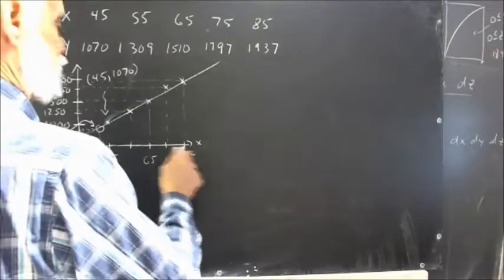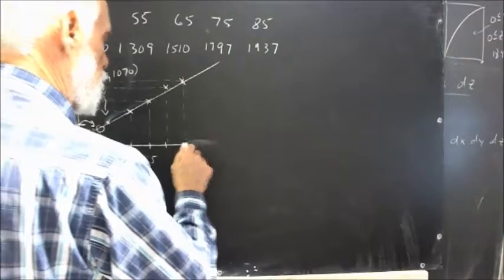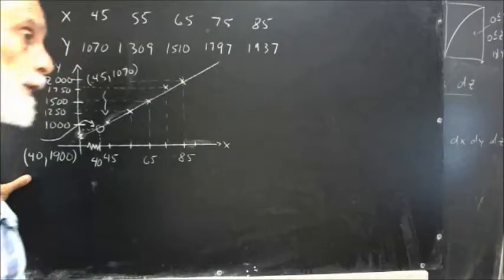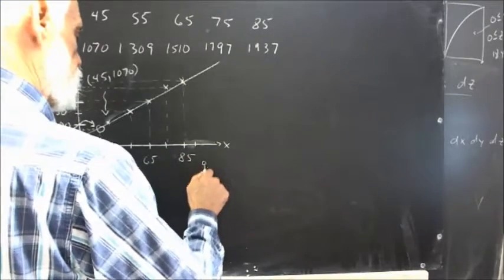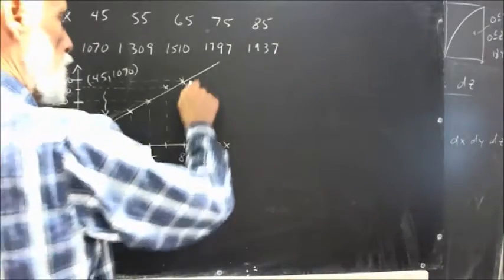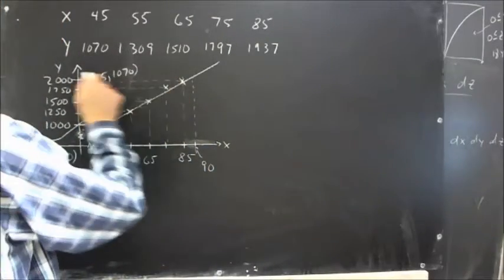Okay, now over here, of course I've got 85. The x-axis doesn't go far enough to estimate 90, but I'm going to extend it a little bit. So 90 would be about this far to the right of 85, so here's 90. And let's see what happens if we go up to the 90 and we come over here.